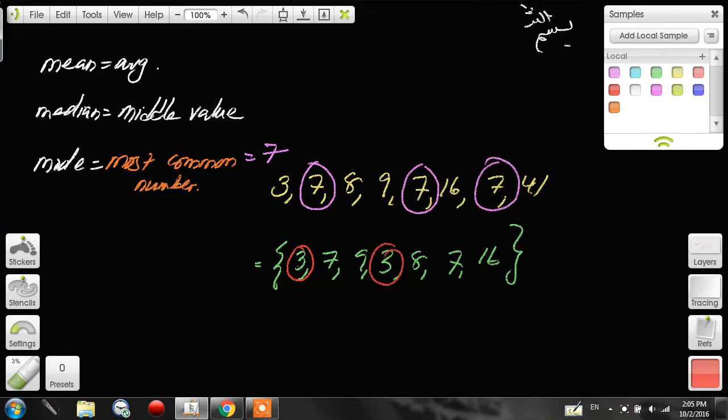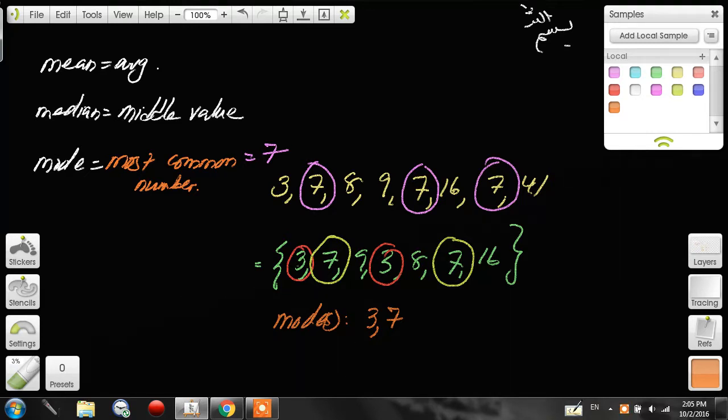That's 2 3s. And there's a 7 here. What's the mode now? There are 2 3s, and there are 2 7s. Now here, actually, this has 2 modes. So there can be more than one mode, 3 and 7. They both are equally popular, so to speak.